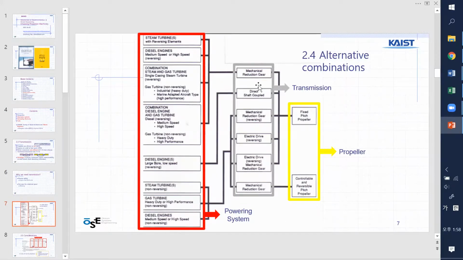In the middle, there is a mechanical reduction gear, direct shaft, mechanical and electrical together, electrical only. And also there is a propeller, as a fixed pitch propeller, or controllable pitch or reverse pitch, so that there is a transmission.